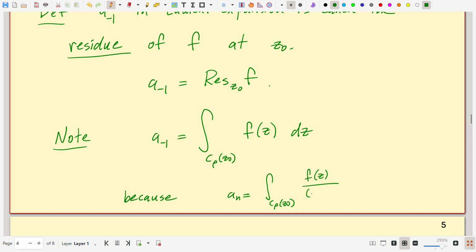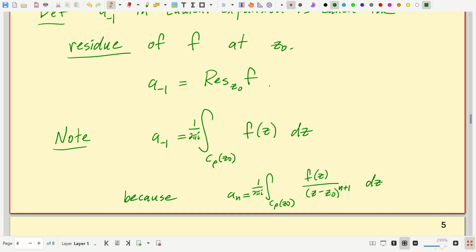It was the same as the power series formula, except the n's were allowed to be negative.